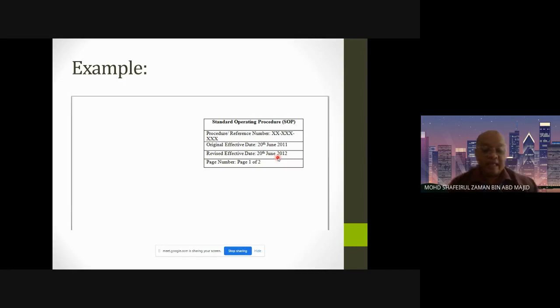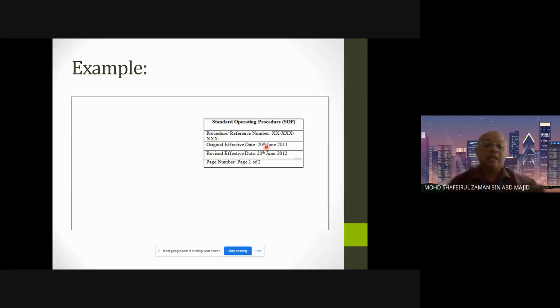Let's say in the question for assessment 2A, reading SOP, if it is not stated there whether it is a revised version or not, then you just need to write the date 20th June 2011, for example.